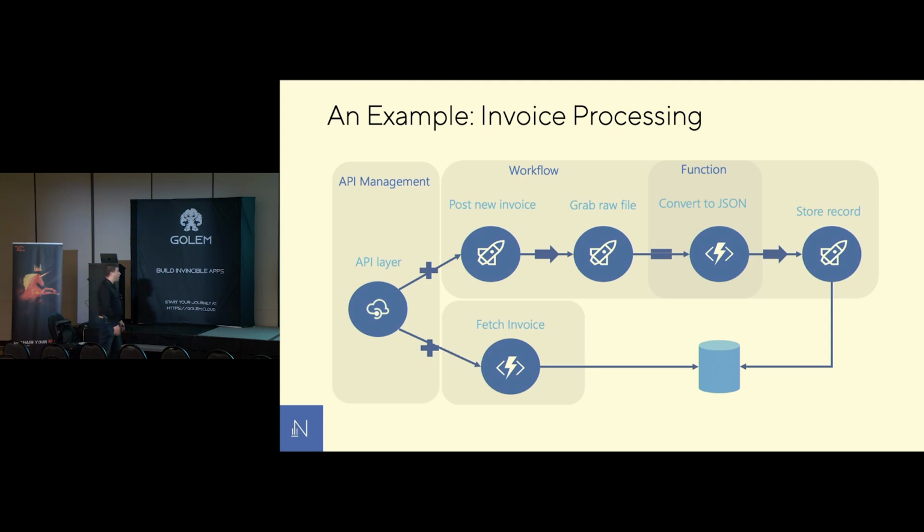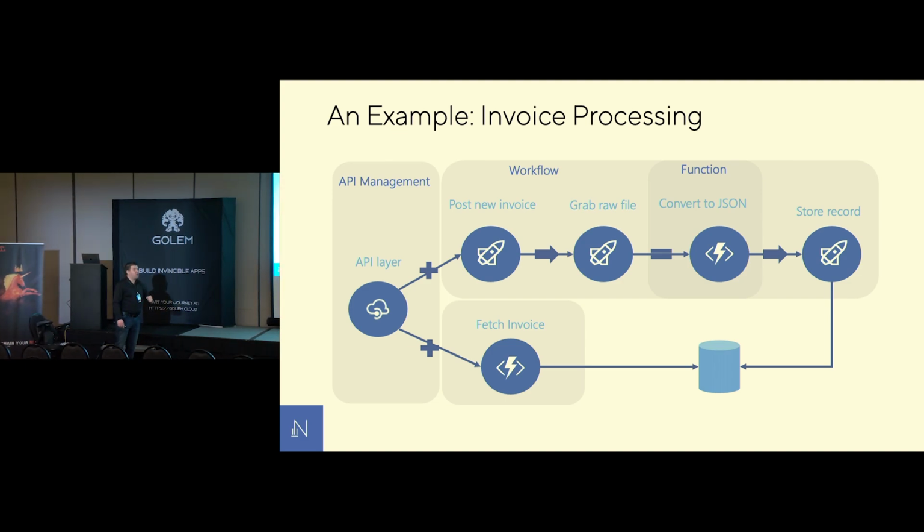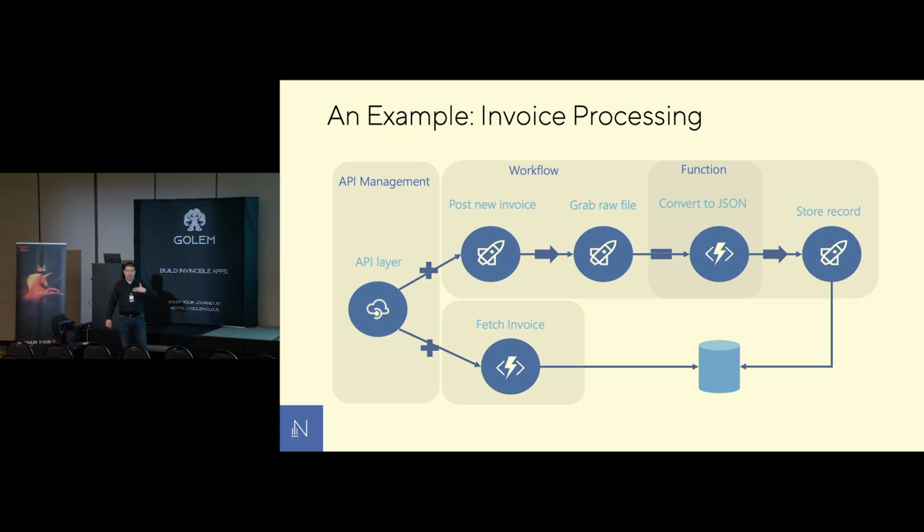An example of a serverless application. We will have an API management layer, which is going to control all the HTTP routes. One of the routes is about posting a new invoice. That HTTP call is going to trigger a function which knows what to do with the invoice. It's going to figure out what to do with the raw file, probably first save it somewhere in the storage, then load it by the other function.